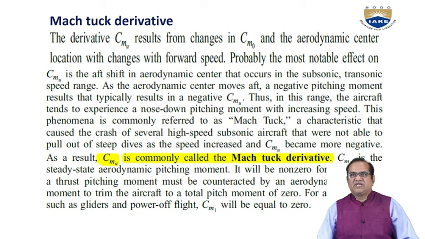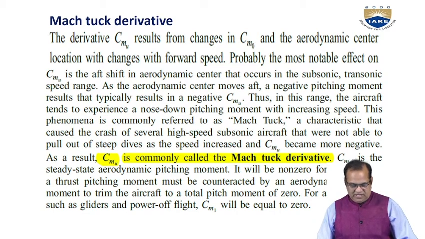Thus, in this range, the aircraft tends to experience a nose-down pitching moment with increasing speed. This phenomenon is commonly referred to as Mach-Tuck, a characteristic that caused the crash of several high-speed subsonic aircraft that were not able to pull out of the steep dive as the speed increased and CMu became more negative. As a result, CMu is commonly called the Mach-Tuck derivative.